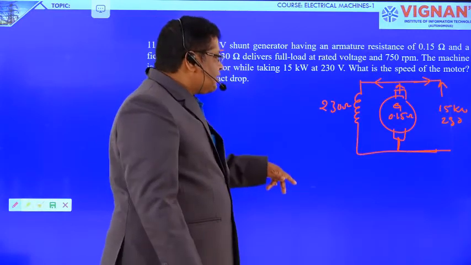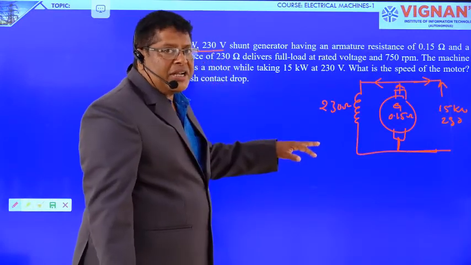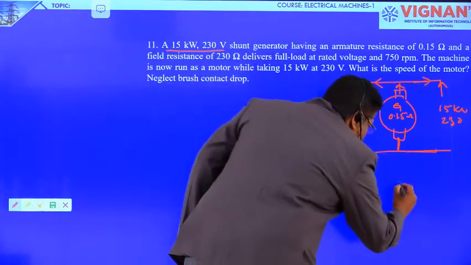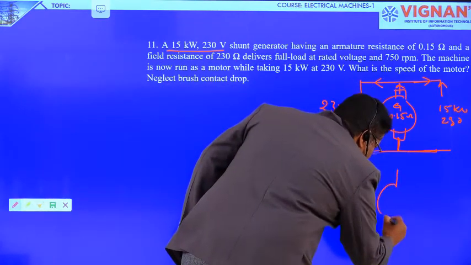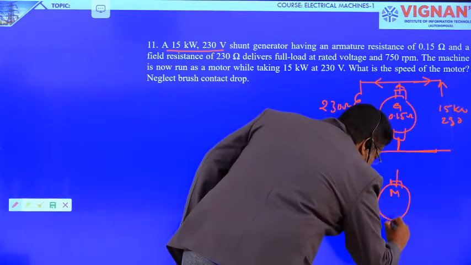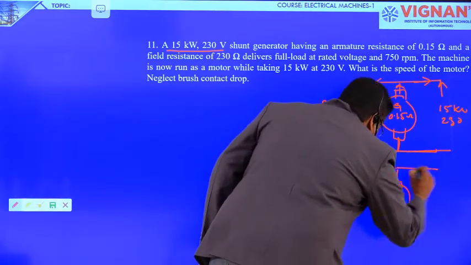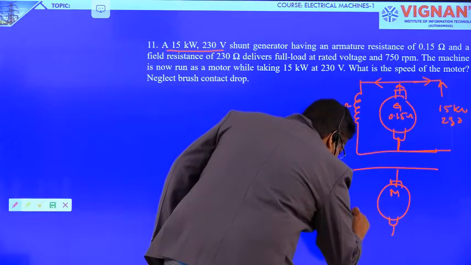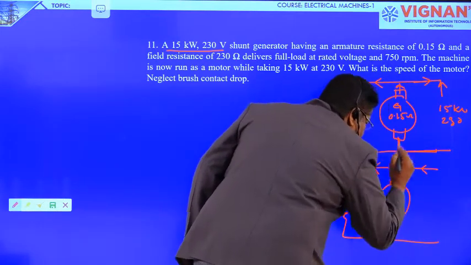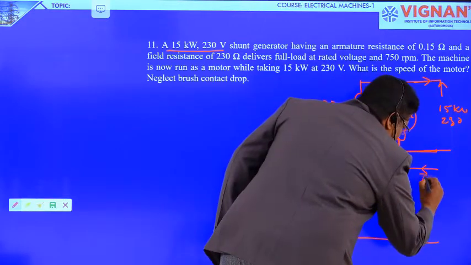Now in the second case, the same machine is operated as a motor. When it is operated as a motor, the direction of the current will change. Now this is the direction of the current, and this is the line current.